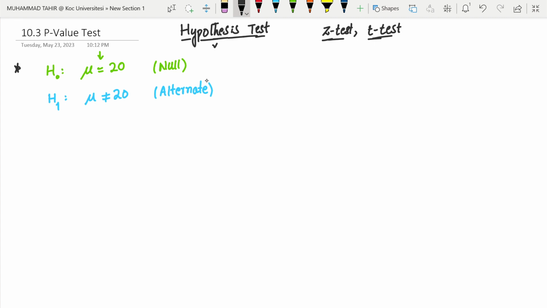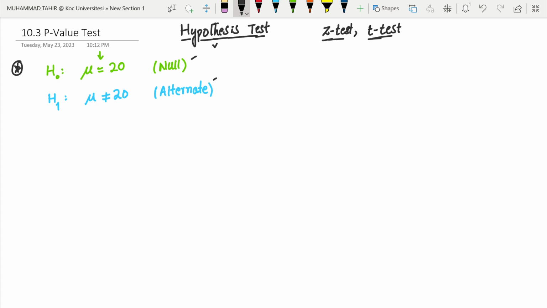Because we have two claims now, one is null and the other we call alternate, but we are always going to check the null hypothesis and either accept or reject this claim.